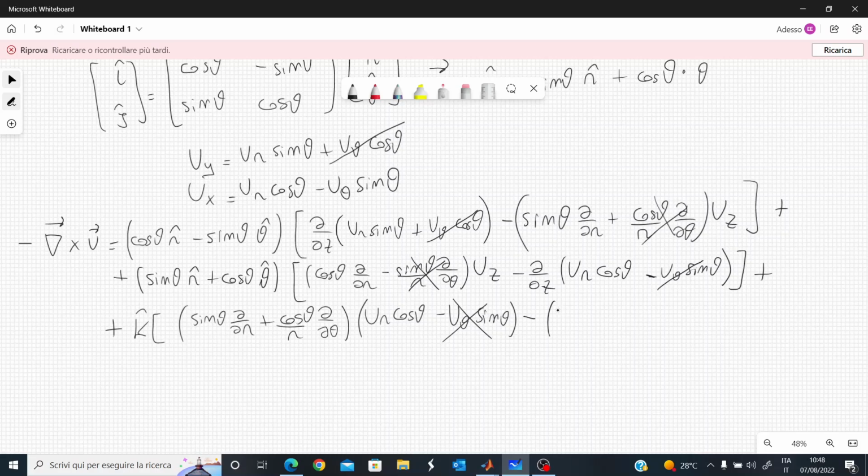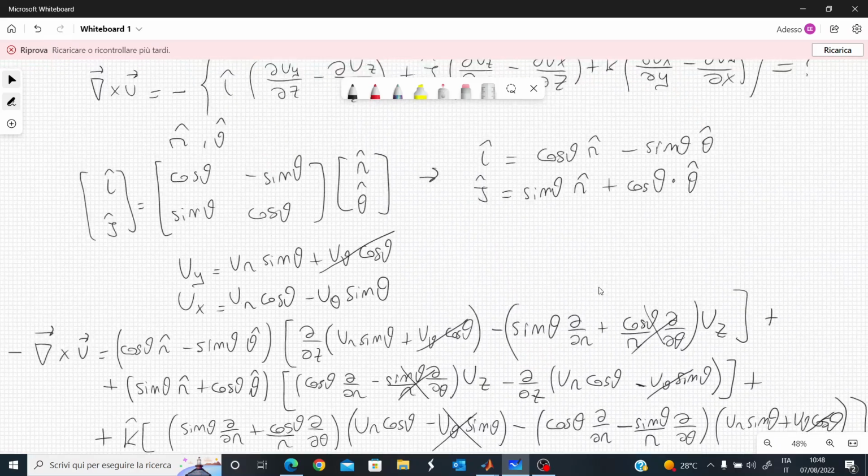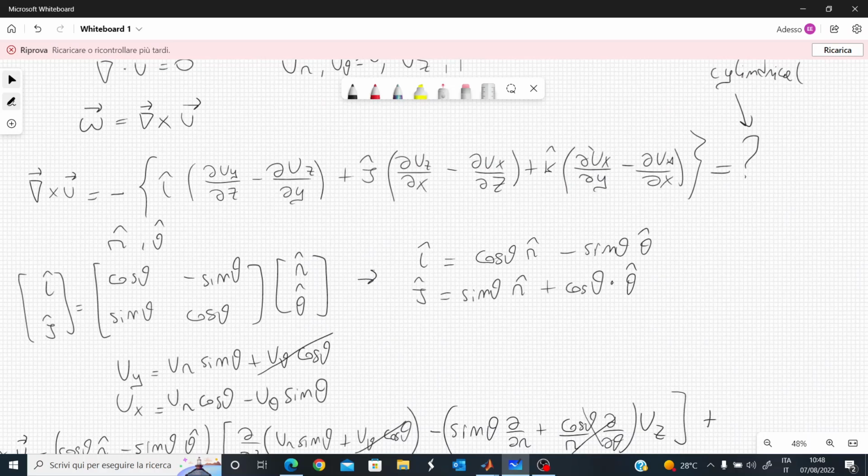And then we have minus cosine theta d over dr minus sine theta over r d over d theta. This will be applied to ur sine theta plus u theta cosine theta, and this will be 0, like this, where I have simply substituted the expressions for the derivatives d over dy, ux, so this one is the velocity along x, the derivative d over dx, and the velocity along y.